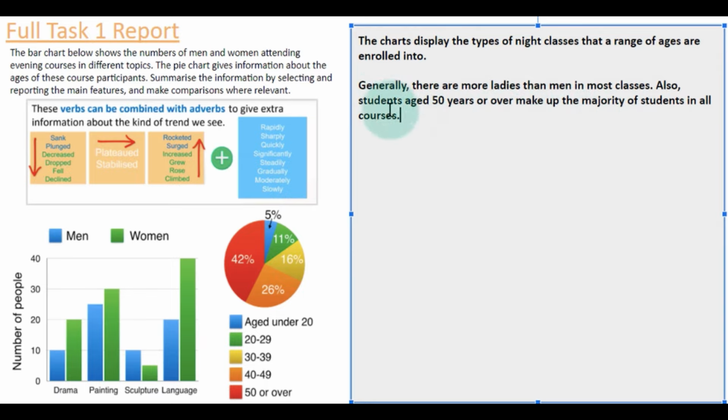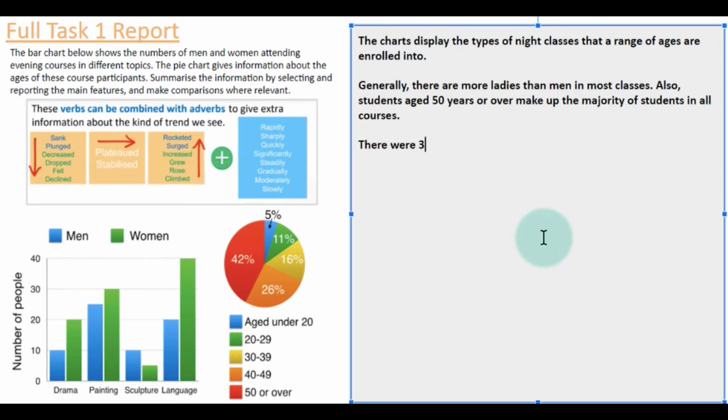Okay, so a nice overview there for both visual pieces of information. Okay, so group 1 is describing this bar chart. Now, how would I start? Well, I could go from most popular and then sort of work my way down, or simply I could just go from left to right along the x-axis to make sure.